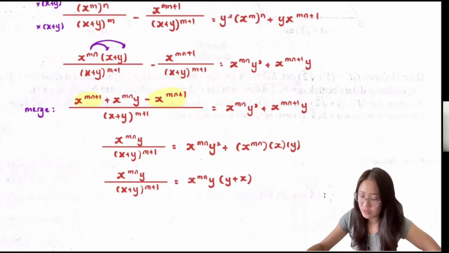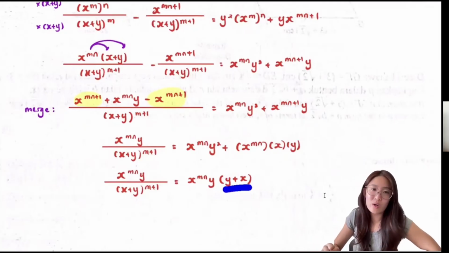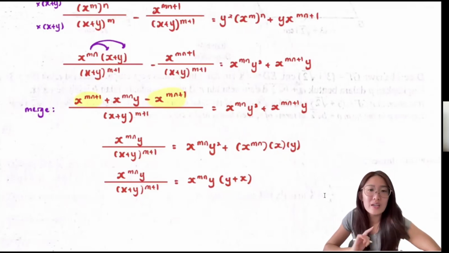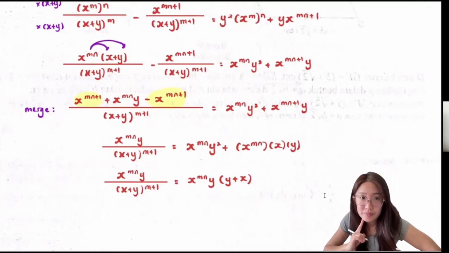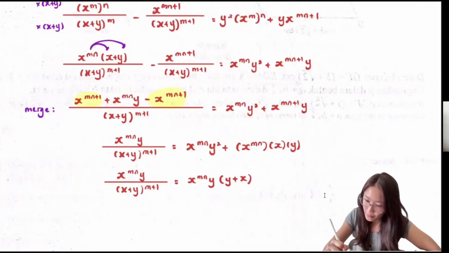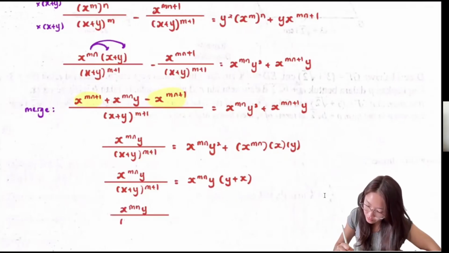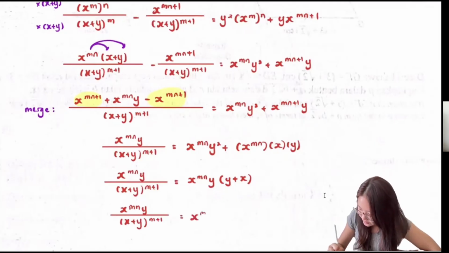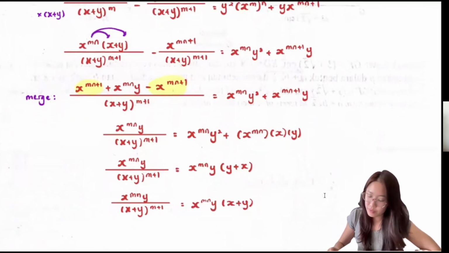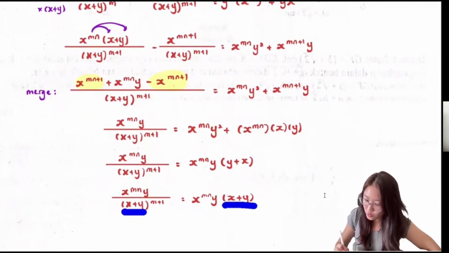And then, of course, x plus y or y plus x, how you write is okay, both also okay. And then, what do we do next? I will rewrite this one first. Hold on, x plus y power m plus 1. I'm going to write y plus x as x plus y because this one and this one have the same base.